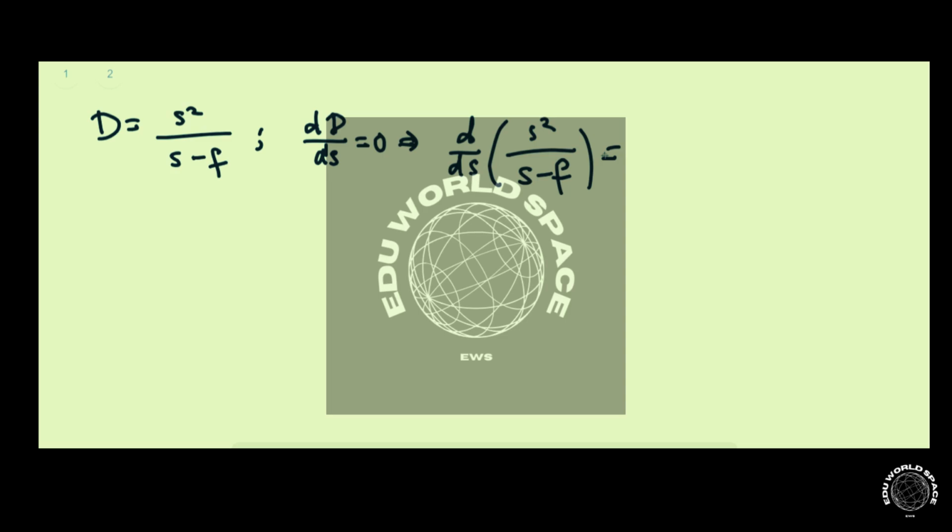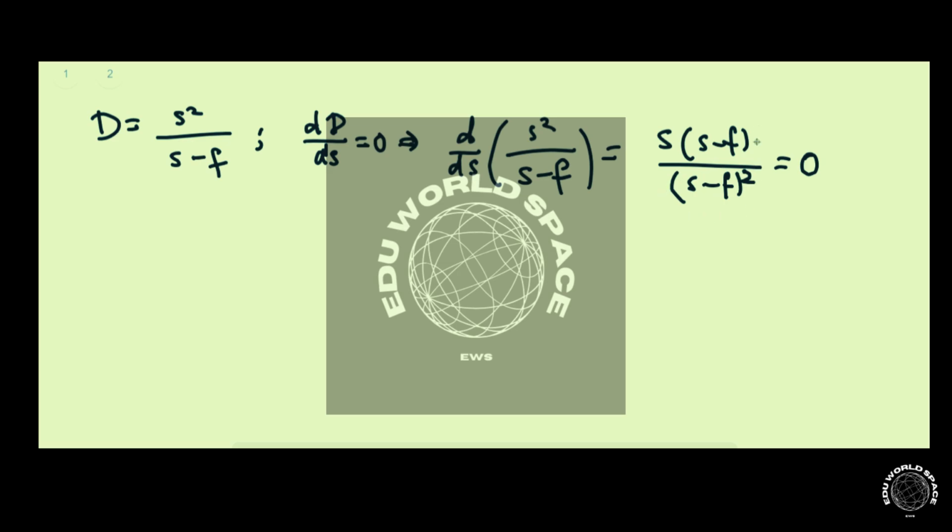And when you take this derivative, you will get s times s minus f over s minus f squared. And we have to set that equal to 0.